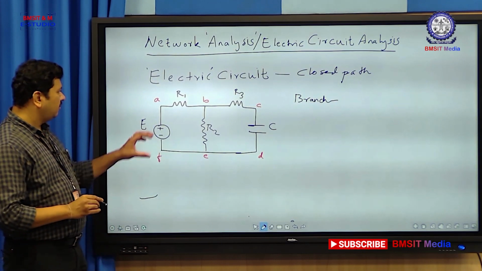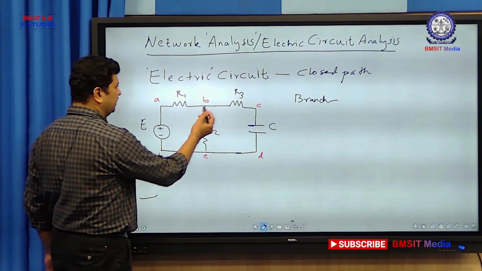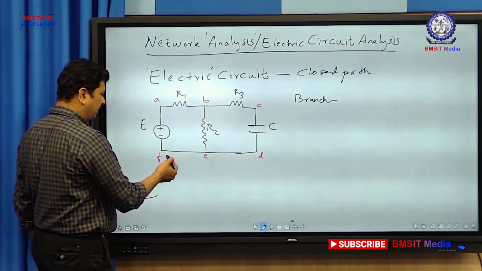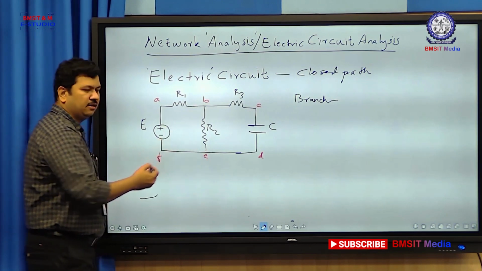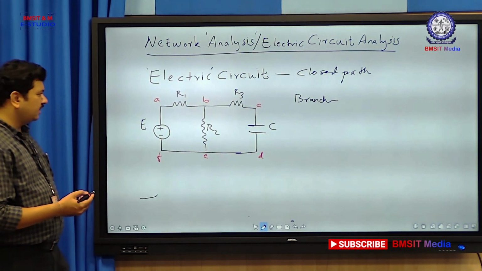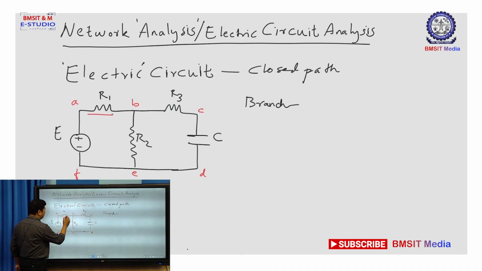Now, there are various branches in the circuit. AB is a branch, BC is a branch, CD is a branch, DE, EF, FE, BE, all these are branches. When I say a closed circuit is carrying the current, it means that the current is carried by these branches in any direction.